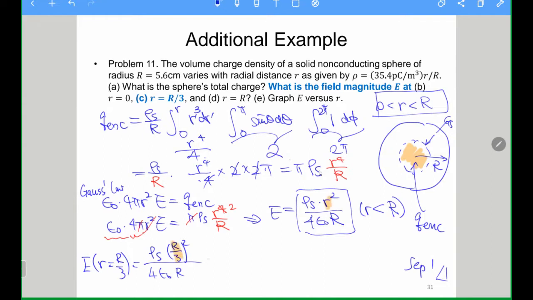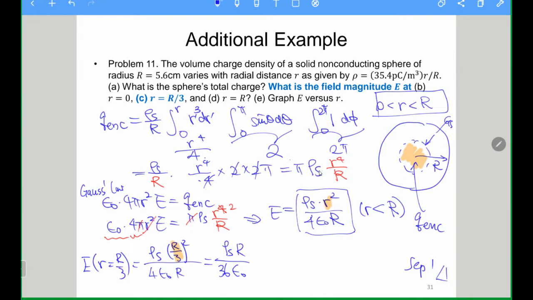In this case, we have 3 times 3 is 9, times 4 is 36, times epsilon naught. Then this R will cancel with one of the capital R here, so we have rho s capital R on the top.